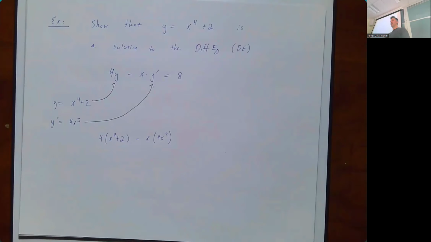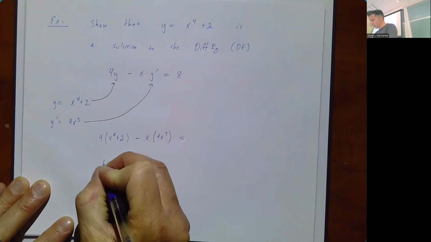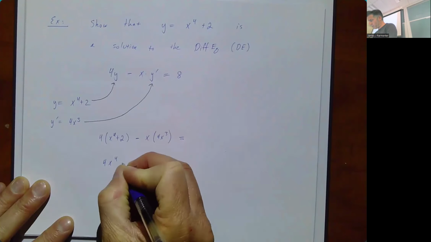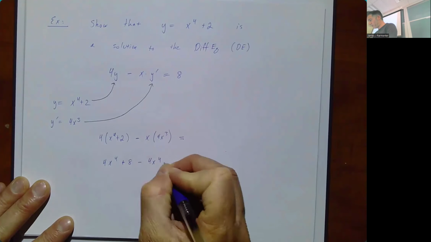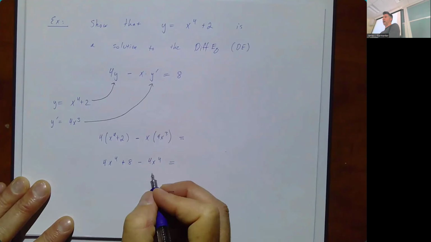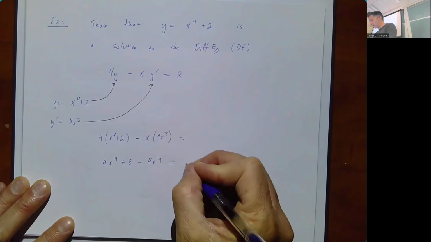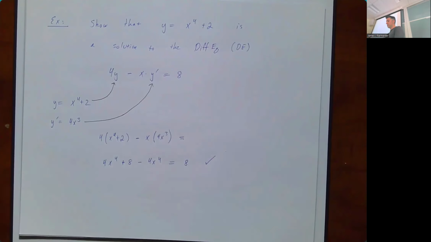Personally, I don't like to say that it's equal to 8 yet, because I'm trying to show it's equal to 8. So I'm just going to do the work. That's equal to 4x to the fourth plus 8 minus x times 4x cubed, which is 4x to the fourth. Those 4x to the fourth terms cancel to 0. I'm left with just 8. And that works. The thing on the left is equal to the thing on the right. Great.